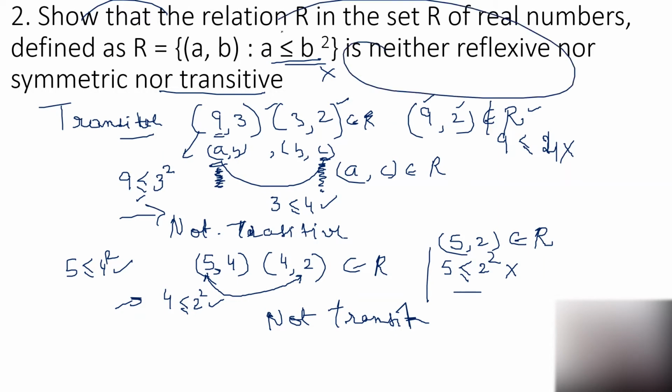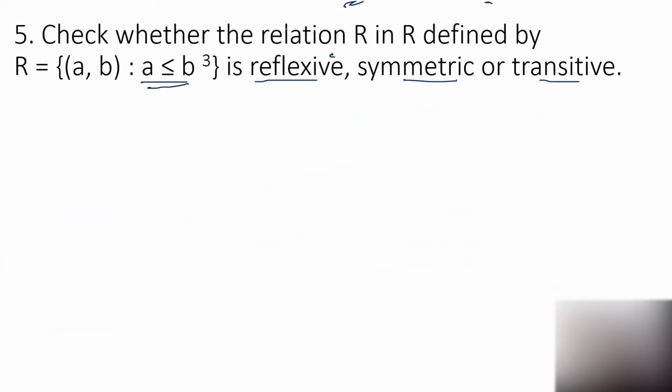Now in the coming question we have to check whether it is reflexive, symmetric, or transitive. So it's not reflexive, as we observed in the previous example, and not transitive. Let's show it. There we showed it with the help of any number between 0 and 1.